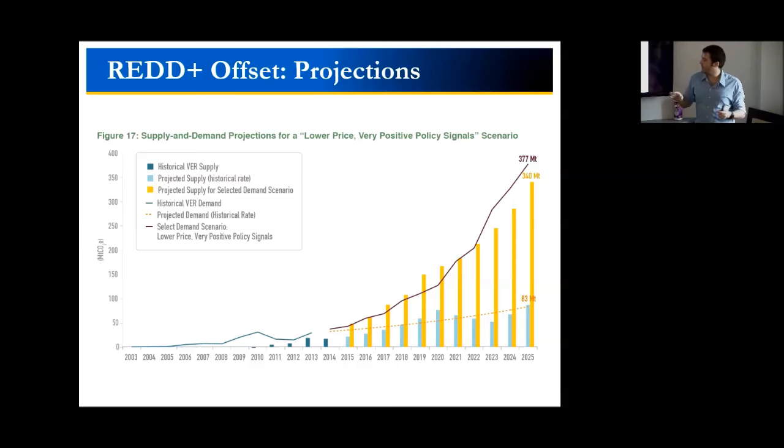Well, probably what's going to happen is between those two lines. So those are projected demands and those are projected supply. But really, I do believe that we're going to have more supply than demand.